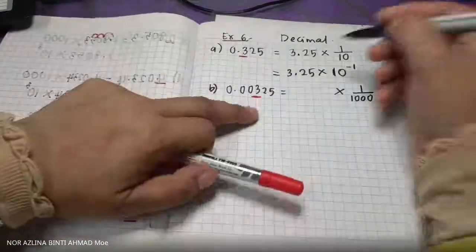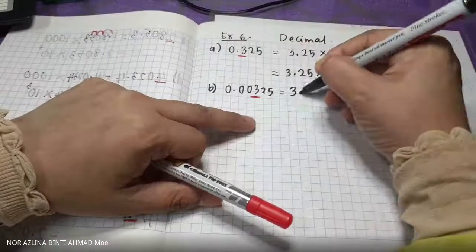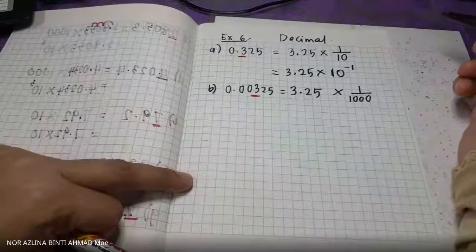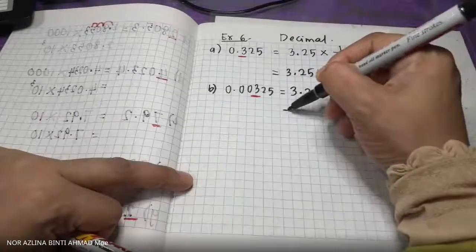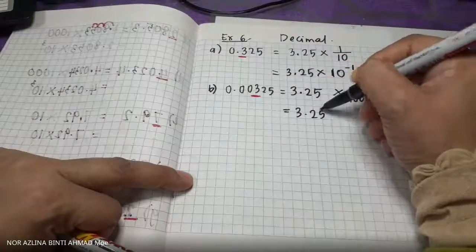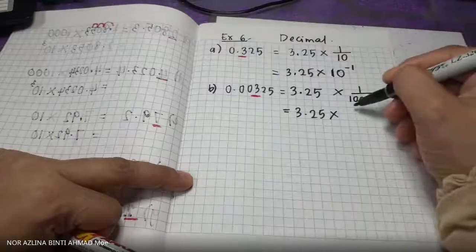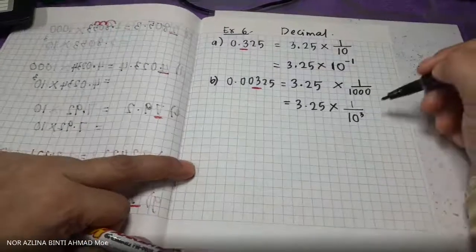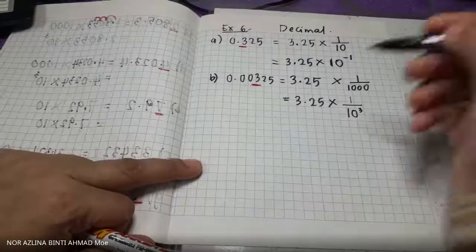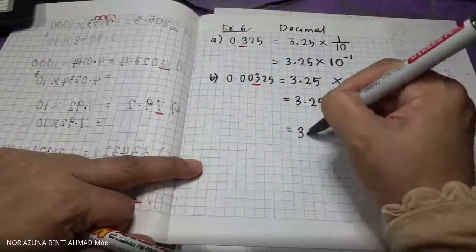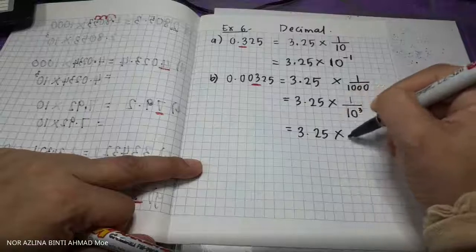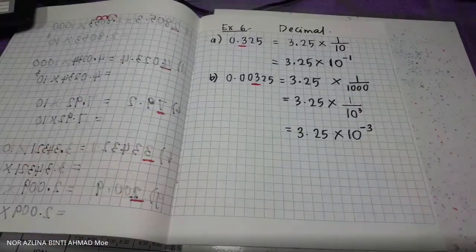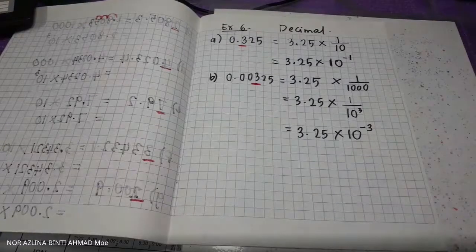So here is 3.25, and here 3.25 multiply 1 over 10 to the power of 3. This is positive indices. 3.25 multiply 10 to the power of negative 3. Negative indices.